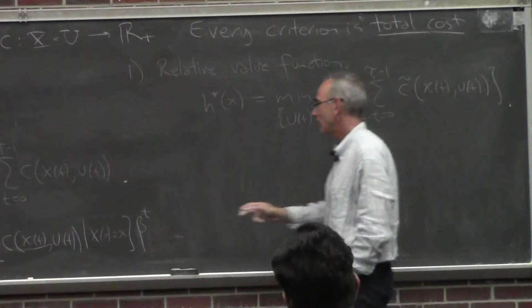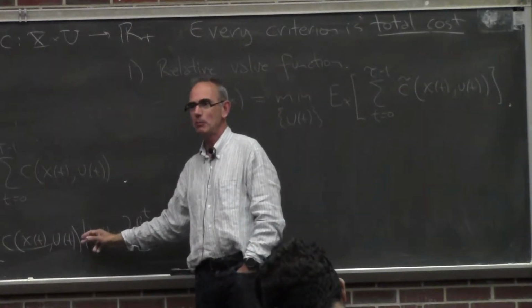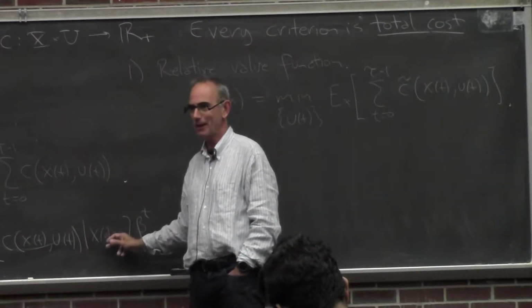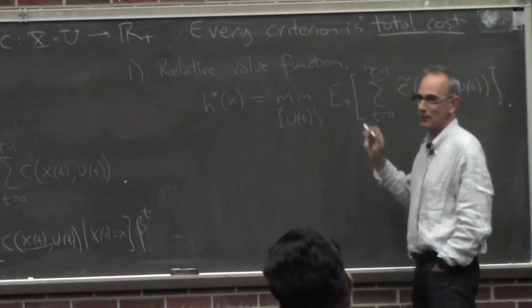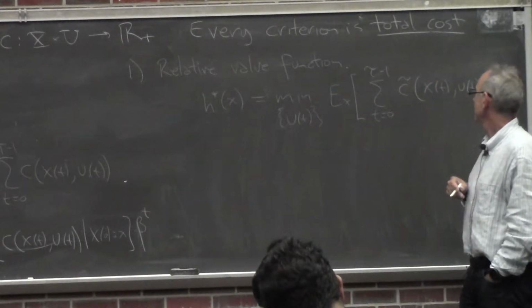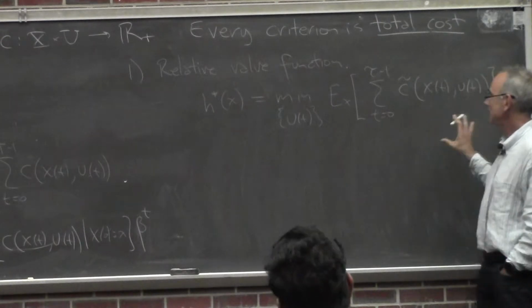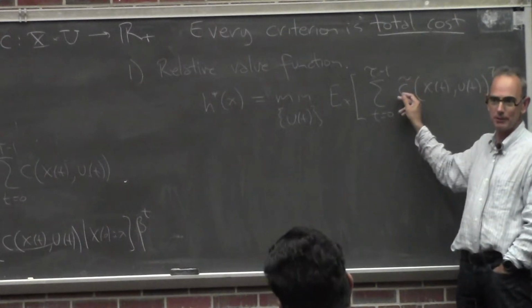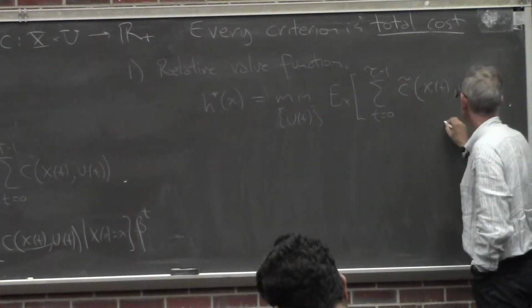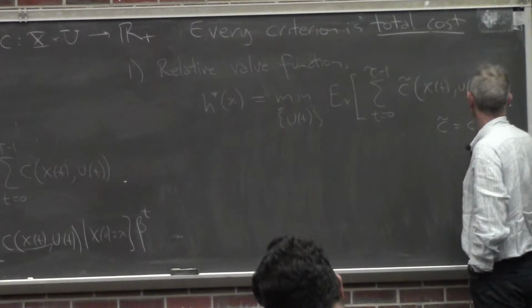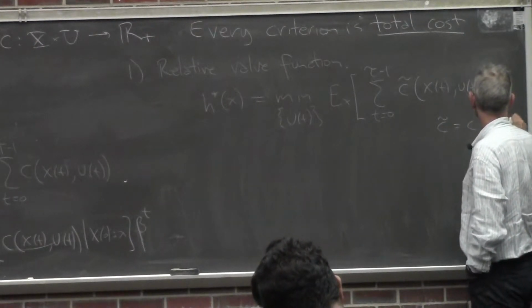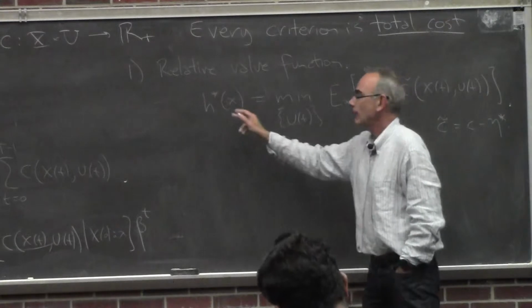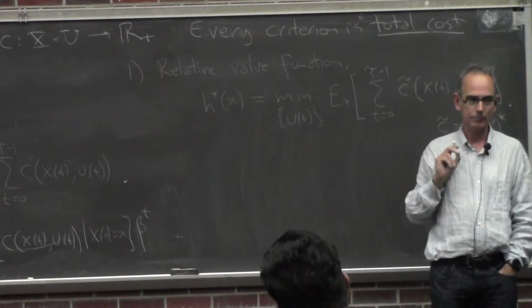And by the way, just like before, I don't want to have to keep writing given x of 0 equals x. I'm going to write e sub x, okay? So does this look familiar? So c tilde will be c minus eta star. That's called the relative value function.